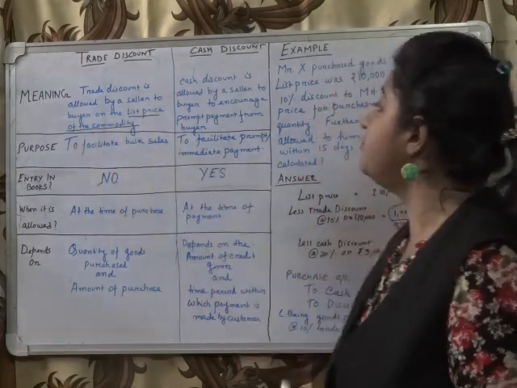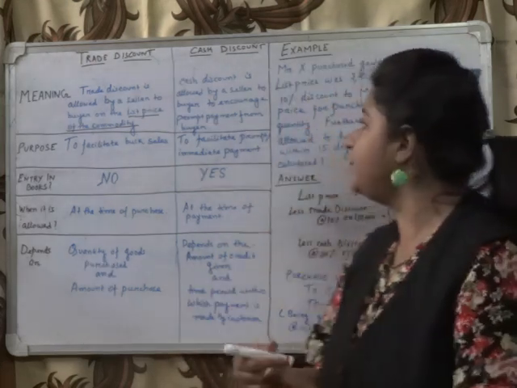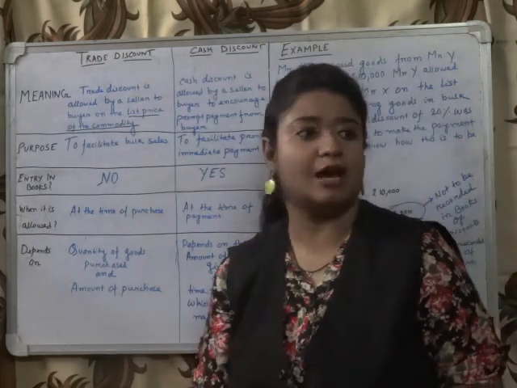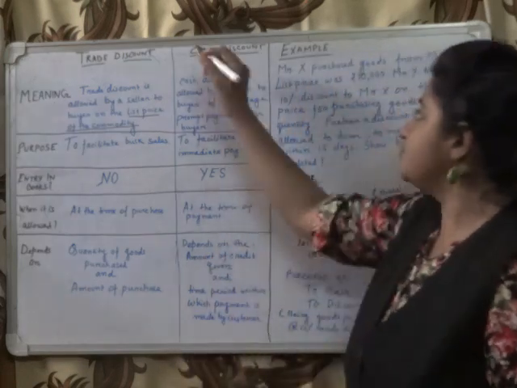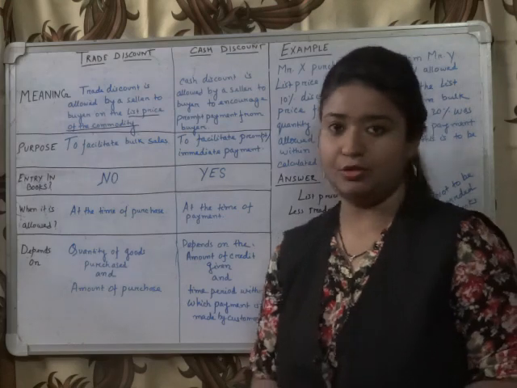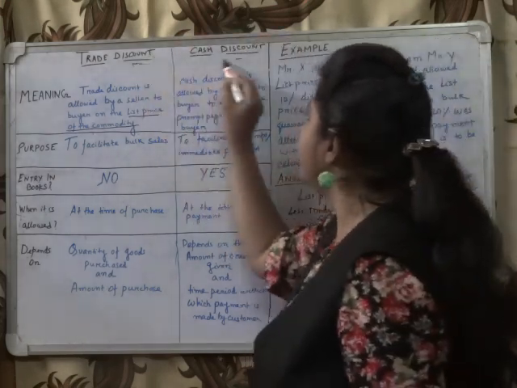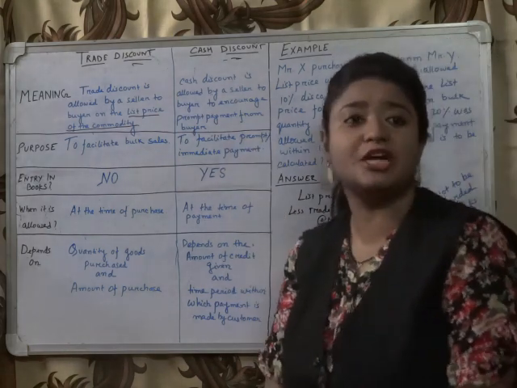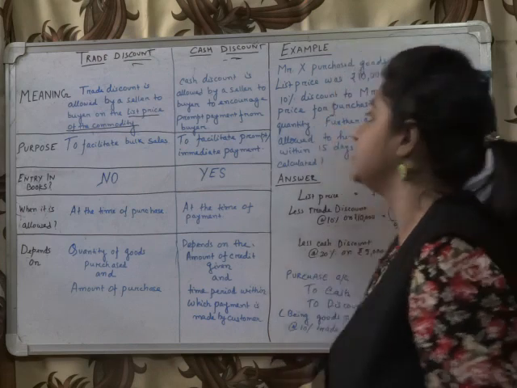So whatever price of the commodity has been fixed by the seller, on that price the trade discount is allowed to the buyer to boost up the sales. Next, what is cash discount? As these two terms both denote discount, we often remain very confused about the basic difference between trade discount and cash discount, right?